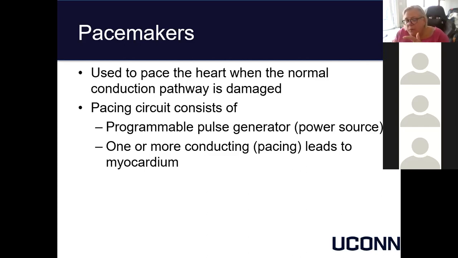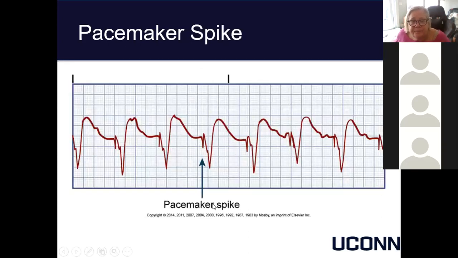We know how important atrial kick is to cardiac output. So by stimulating the atrium, then stimulating the ventricle, you maintain the atrial kick with the pacemaker. Original pacemakers just stimulated the ventricle, and the pacemaker in the atrium did whatever it wanted to do.